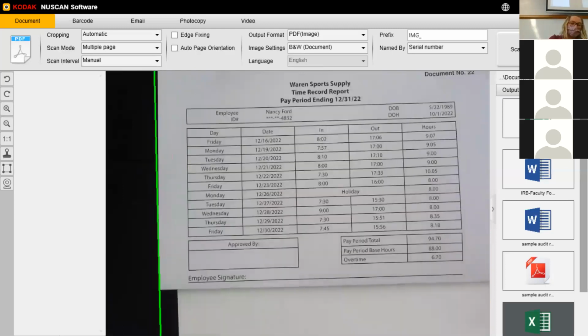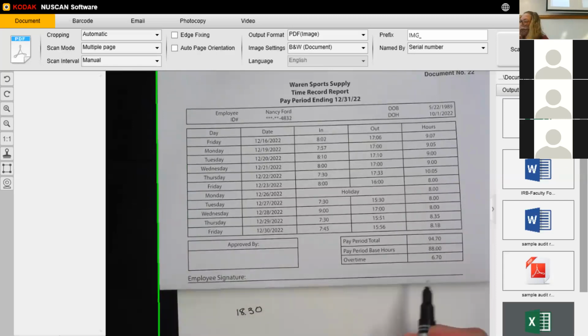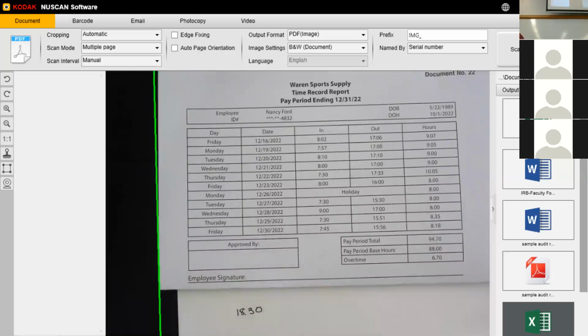We just updated her rates. I believe she made $18.30 per hour. So 18, and she worked, what does she earn?